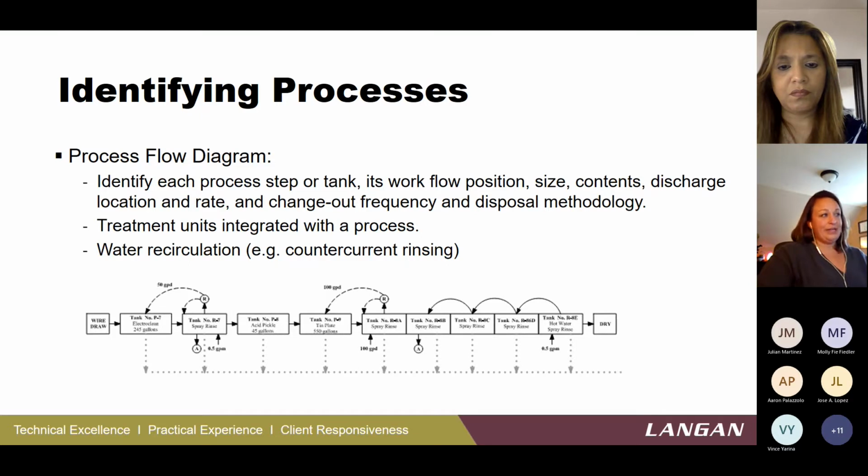So I'll add a little note here that a lot of times what happens is as we go through this process, we're understanding the process, we come across information that's proprietary to your manufacturing process. When that happens, it's important to flag that and decide whether it can be generalized or it needs to be submitted as proprietary.